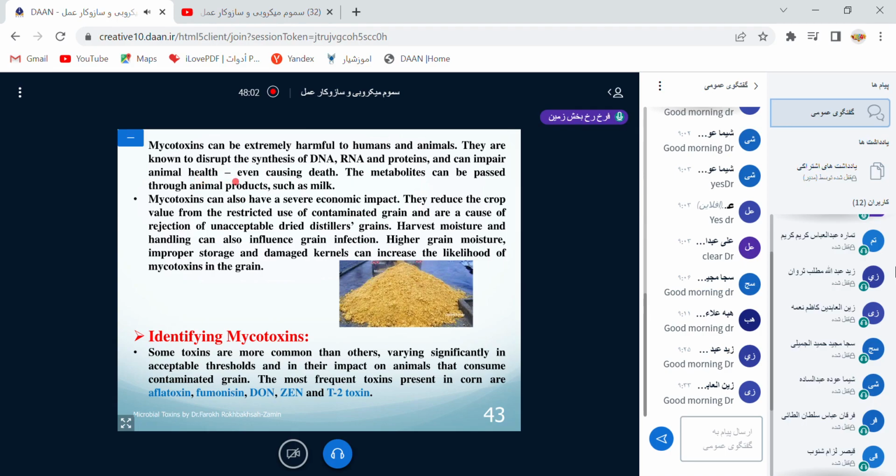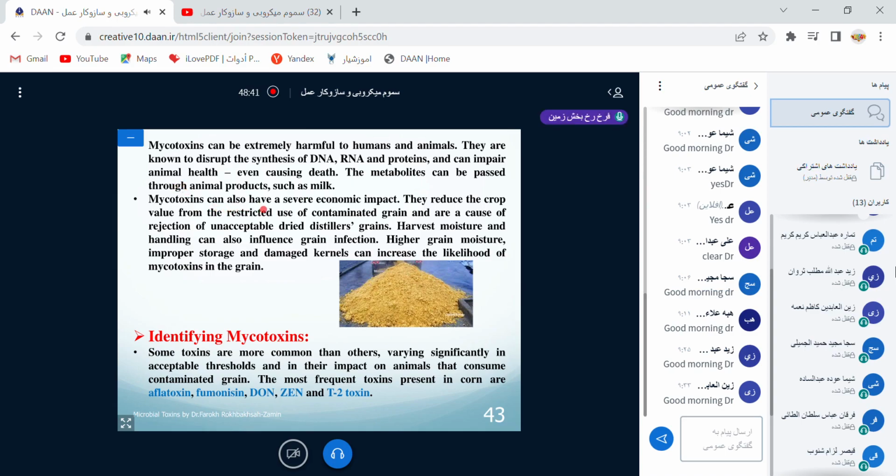Human health and animal health are in danger, even causing death. The metabolites can be passed through animal products such as milk. So if there is not sufficient heating during pasteurization or sterilization, those toxins will be present till the time of consumption by humans.